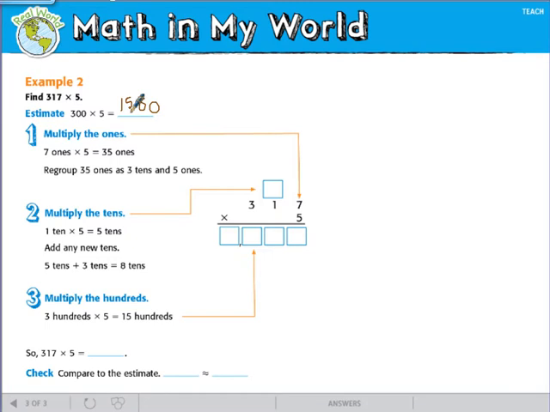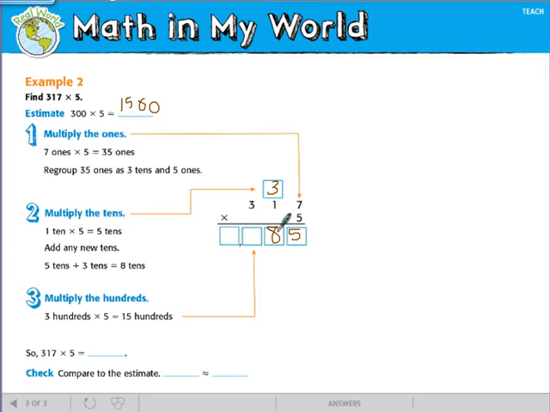Now, we come down to the actual problem where it's 317 times 5. Our first step says 7 ones times 5, which equals... What does 7 times 5 equal? 35. Okay, so I leave the 5 in the ones place, and I regroup the 3 to the tens place. 5 times 1 is 5. Plus 3? 8.